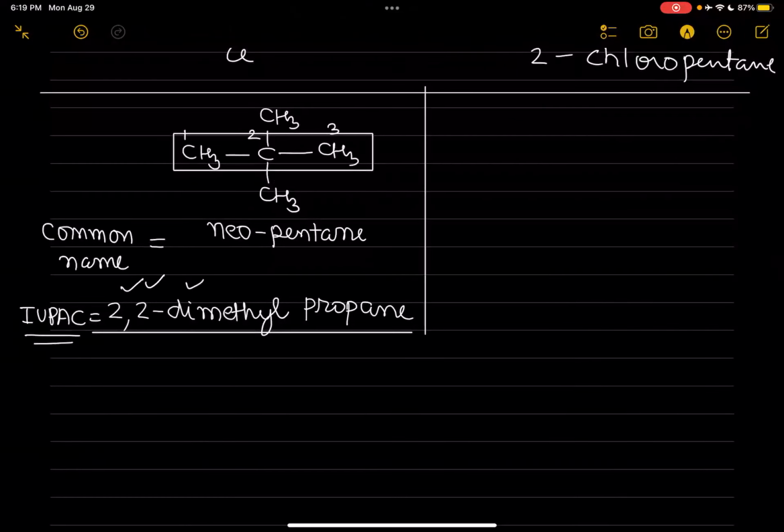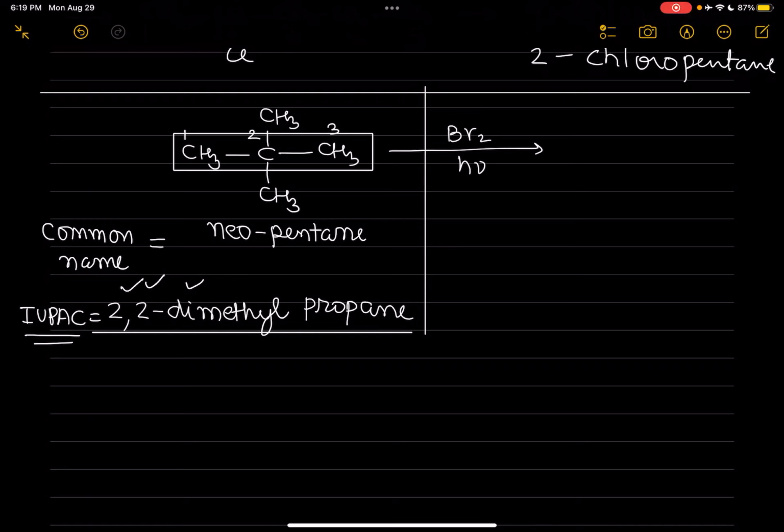Suppose you do the bromination of this. You need to take bromine and sunlight. How many different bromo derivatives are you going to get? Only one.